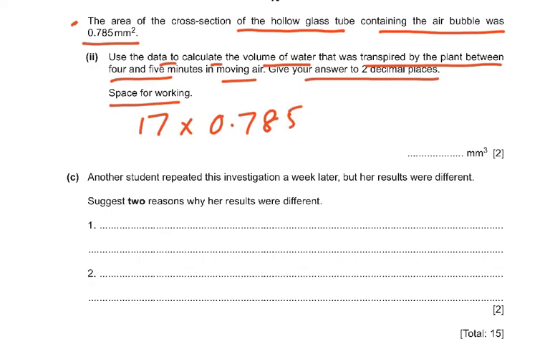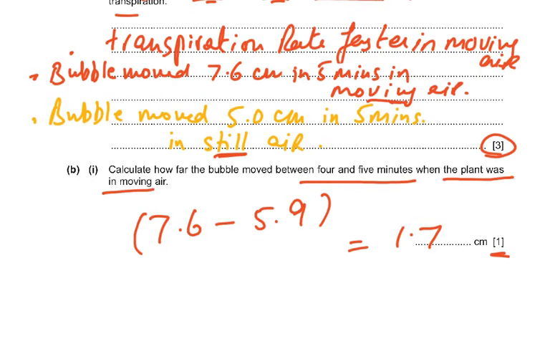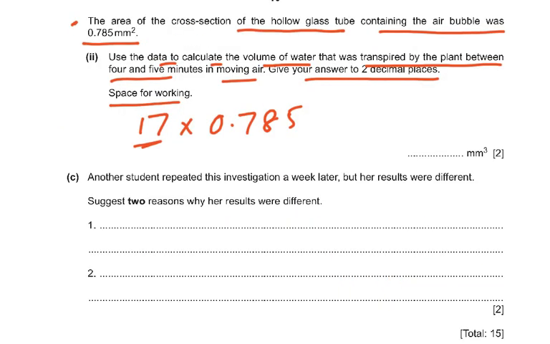But why did you do 17? Because it's 1.7 centimeters, so 1.7 centimeters is equal to 17 millimeters, because here they're giving it to you in millimeters squared. So 17 into 0.785, and the answer to that is 13.35 millimeters cubed.